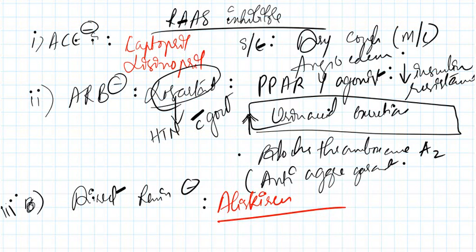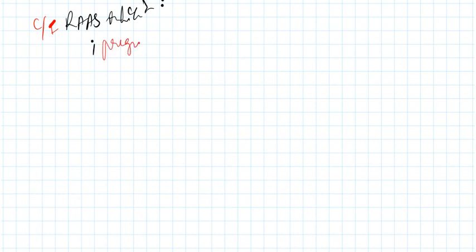But if you ask me, what are the contraindications of all these RAS inhibitors? We will discuss like this. First one is pregnancy. In pregnancy, you should not give RAS inhibitors.